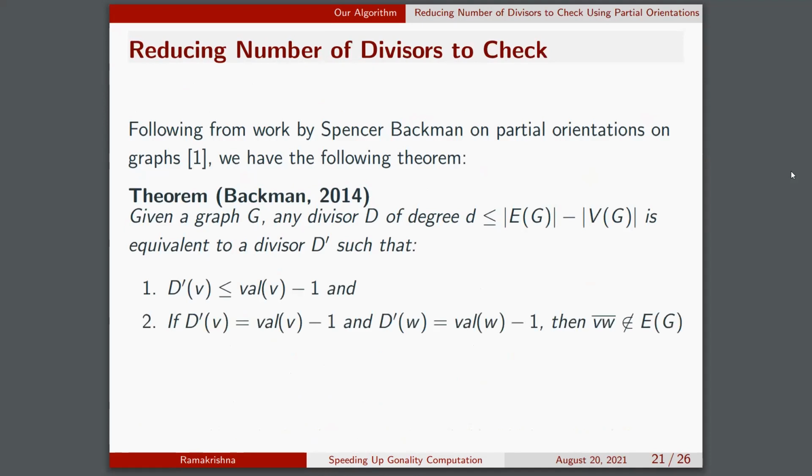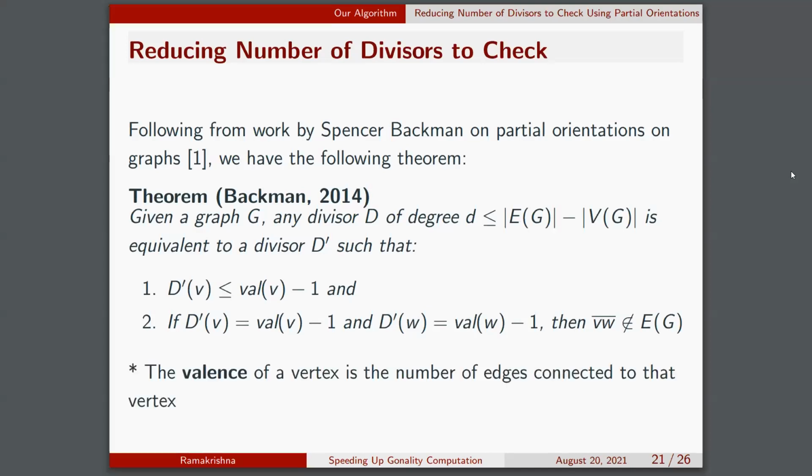And if the number of chips on a vertex is equal to the valence of that vertex minus 1, and the number of chips on another vertex is equal to the valence of that vertex minus 1, then there's not going to be an edge connecting those two vertices. They aren't going to be adjacent. So as a quick note here, the valence of a vertex is the number of edges connected to that vertex.